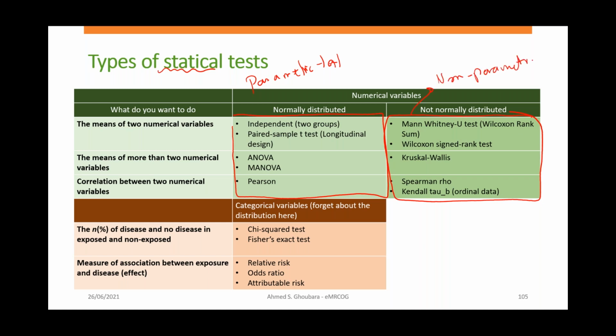Remember that for the description, we use the mean and standard deviation for the normally distributed. Now I need to compare. I need to do some analysis, okay? Since they're normally distributed, I'll use the t-test.